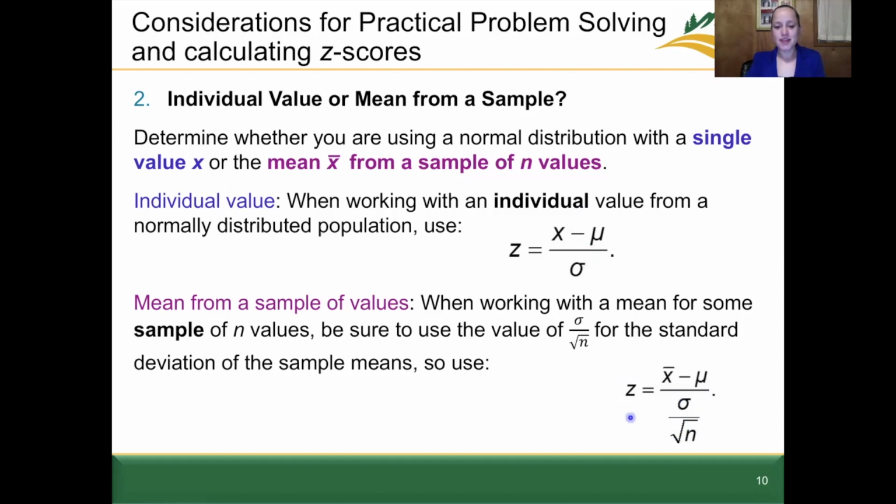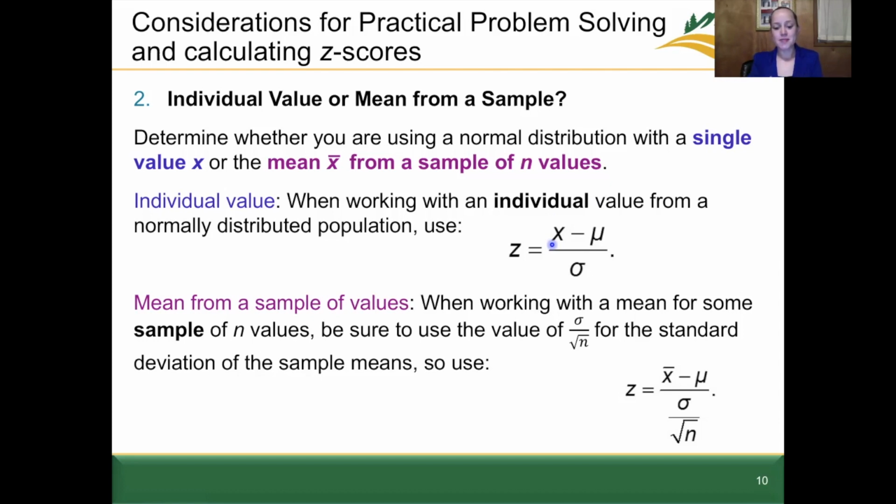We would do this if we're dealing with a mean from a sample of values, or an x bar value. If we're dealing with just a single x value, that's one data point, remember? And if we're dealing with an x bar value, it's because we took a whole population, or capital N number of trials, then from that population we're taking just a small sample, where we denote that sample size as lowercase n.